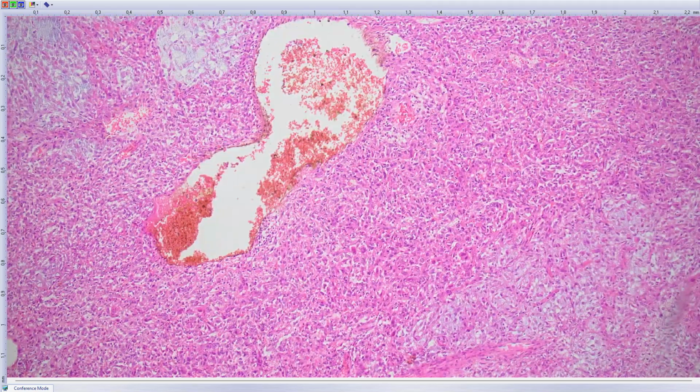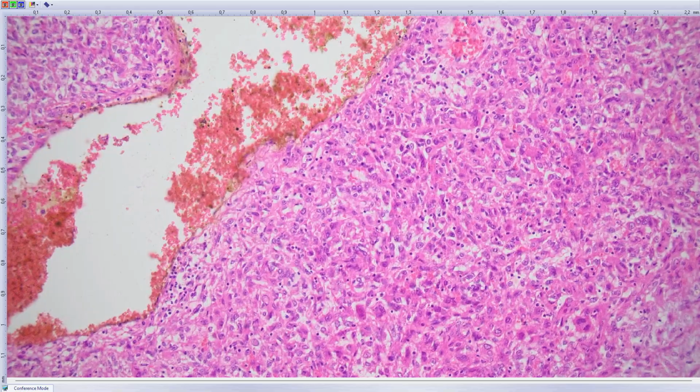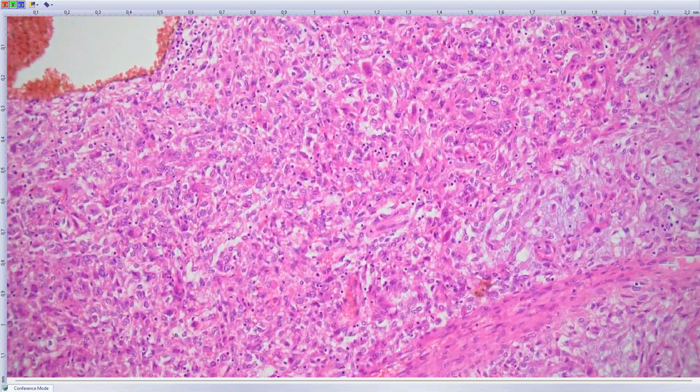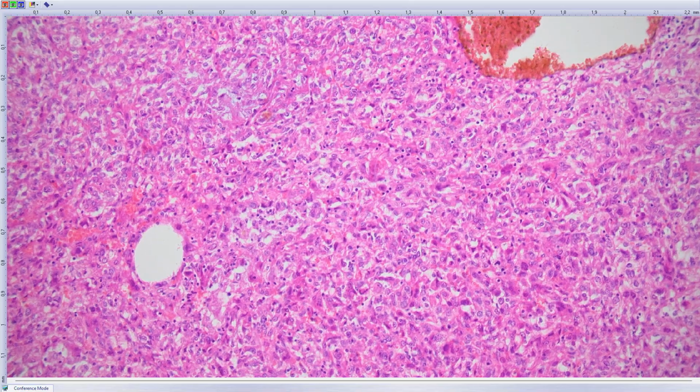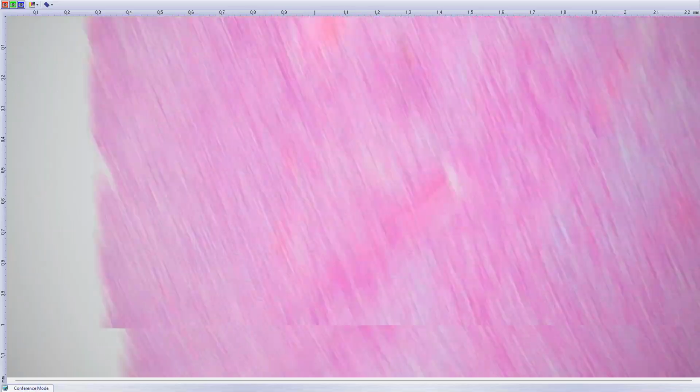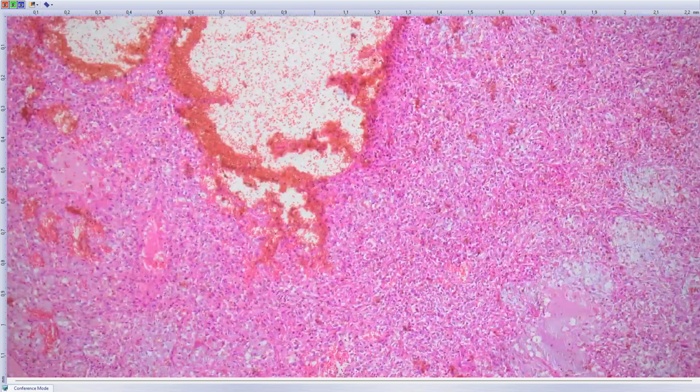A lot of collagenous stroma in between the cells, and the cells are kind of ovoid, spindled, occasional mitosis, not extremely mitotically active.